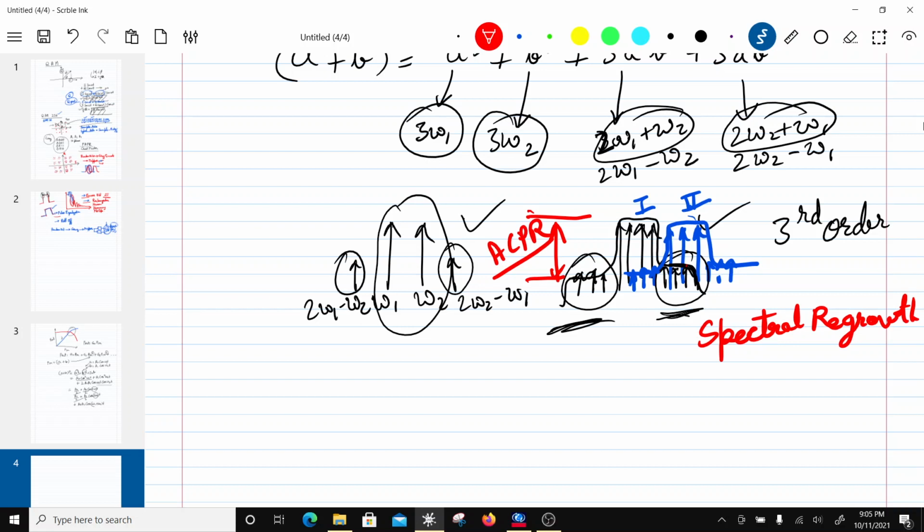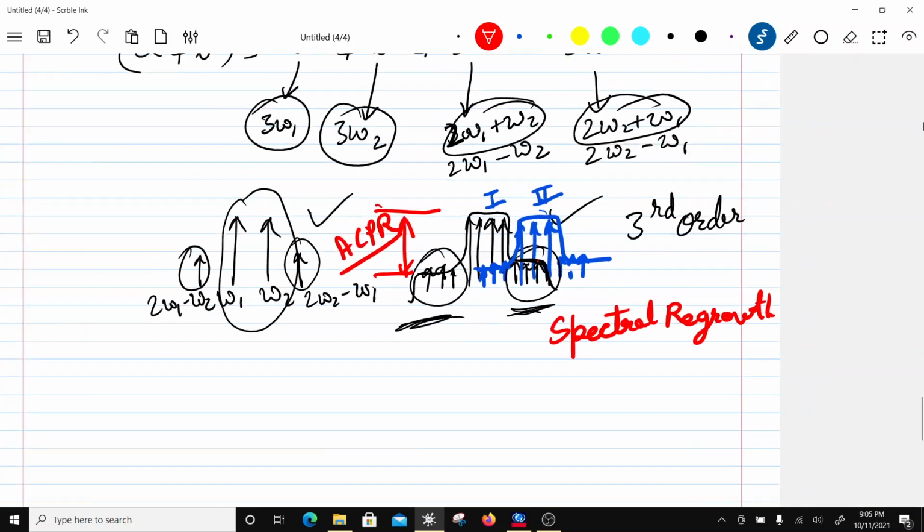This is known as spectral regrowth. What it means is one channel spilling energy into the adjacent channel, or it may also spill energy into the alternate channel.